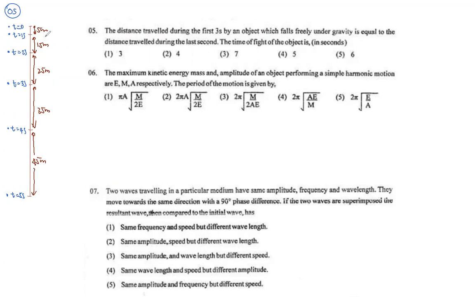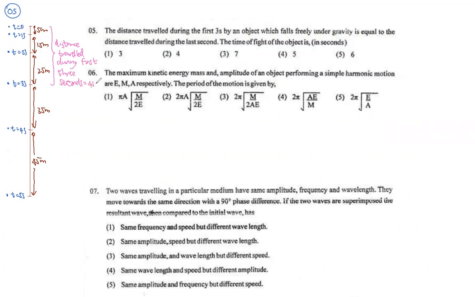So during the first second it will be 5, during the second second 15, during the third second 25. So during the first 3 seconds, according to the question, how far does it fall? Distance traveled during the first 3 seconds is equal to 45 meters.